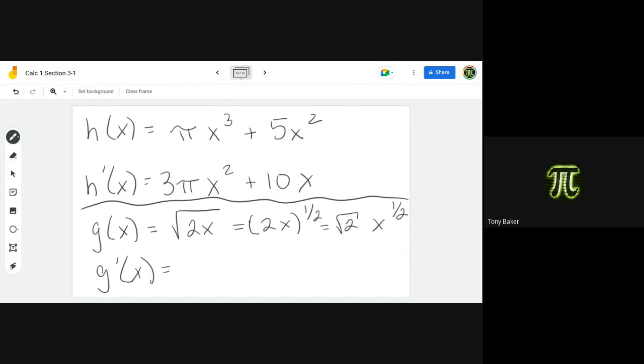So this is now just a constant times a variable, no different than we've done in the last couple problems. So the square root of 2 stays. The x to the 1/2 becomes what? 1/2 x to the negative 1/2, right? So I end up with square root of 2 over 2 square root of x. If you rationalize it, you end up getting square root of 2x over 2x.